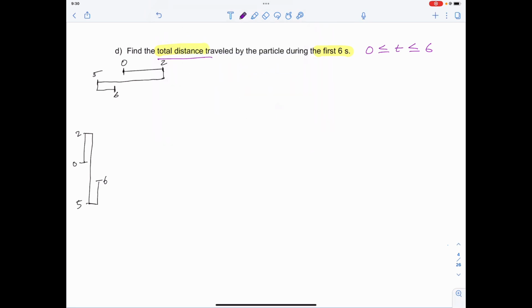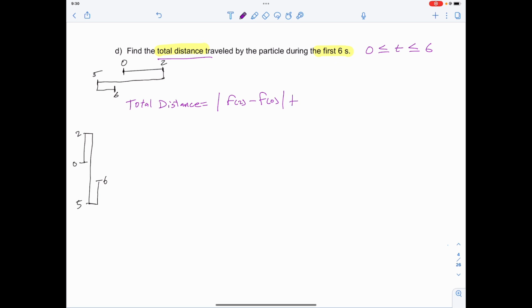So what am I going to say? I'm going to say that the total distance is going to equal the absolute value of the change in displacement over the first 2 seconds from where I started.